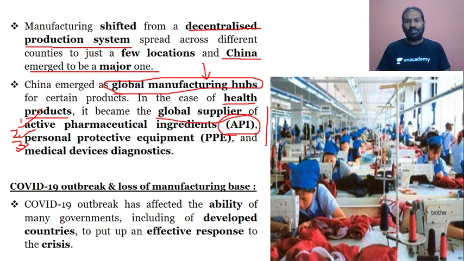And these three are very important at this juncture, because in regards to medical devices and diagnostics, it is supplying the entire world, even the European countries. Although Spain rejected and sent back the testing kits, diagnostic kits, to China, China is still the global supplier of medical devices and diagnostic kits, and also of personal protective equipment or protective gear, which is in shortage across the world because of the COVID-19 pandemic.